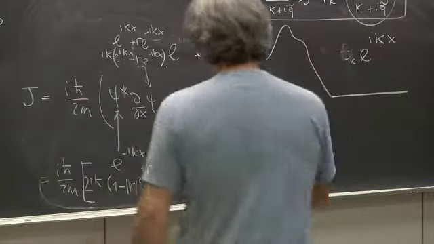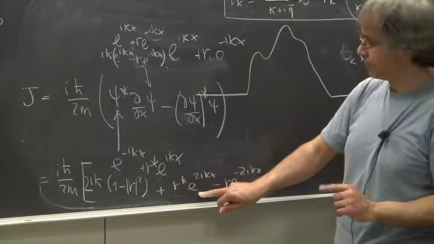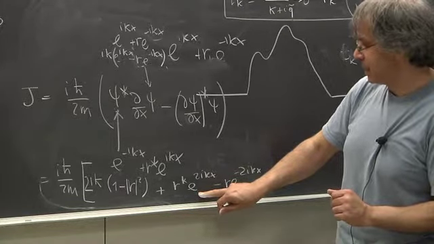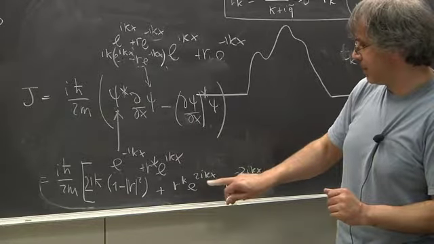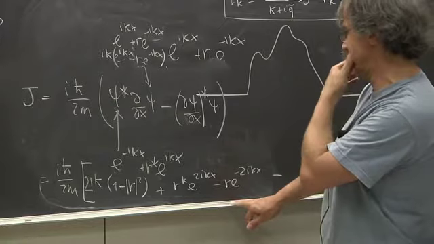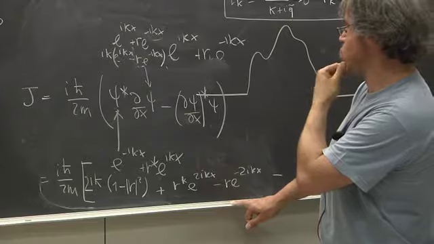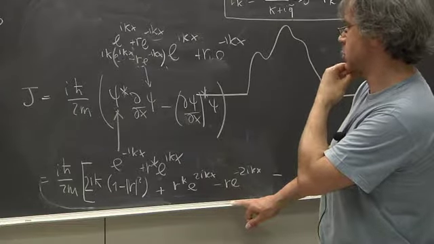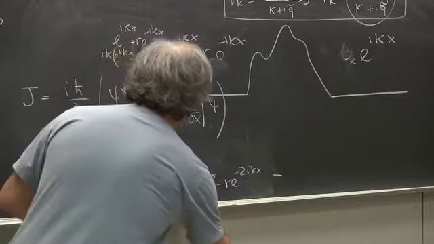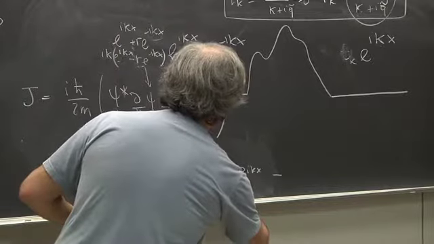On the contrary, if I take the star of this and subtract it, ik is here and ik is here.